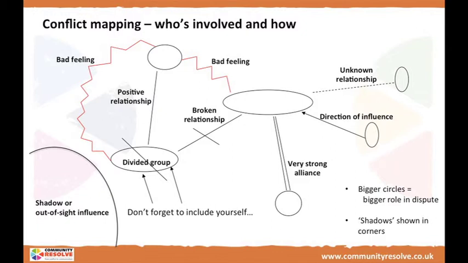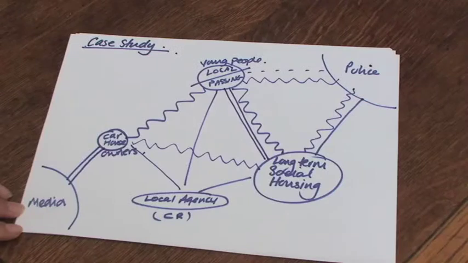Let's apply the idea of conflict mapping to our case study. On the right hand side we have a big group of long-term social housing residents who've been here for many years. And in the centre, at the top there, we have a group of young people. But this is in fact a divided group of young people. It isn't single. We have the local young people, a lot of them the children of the social housing tenants.